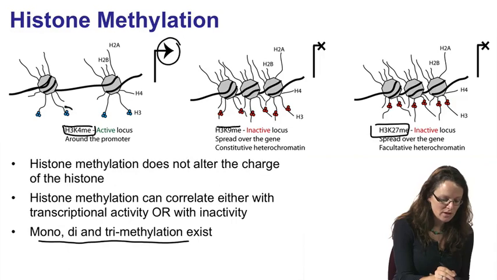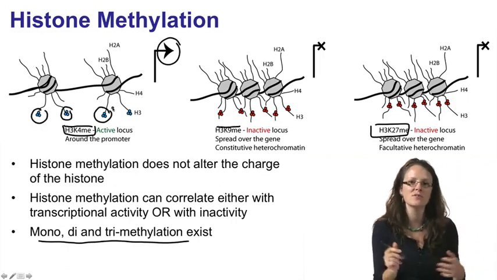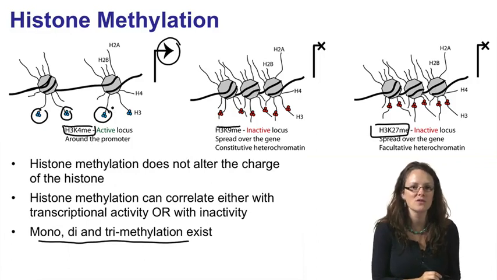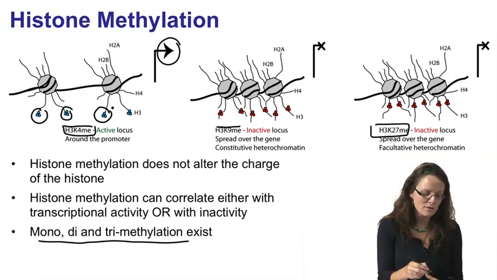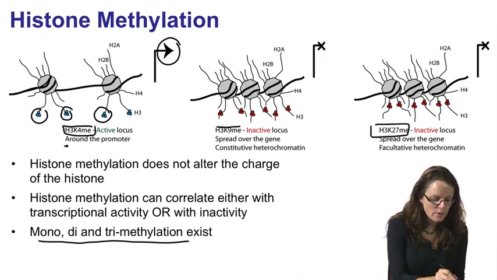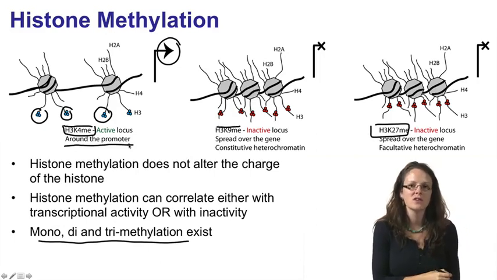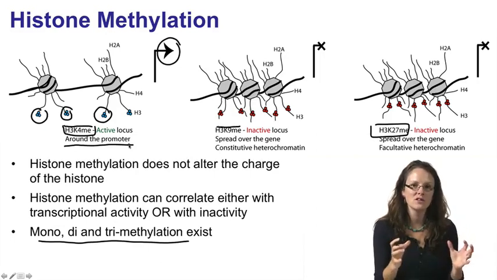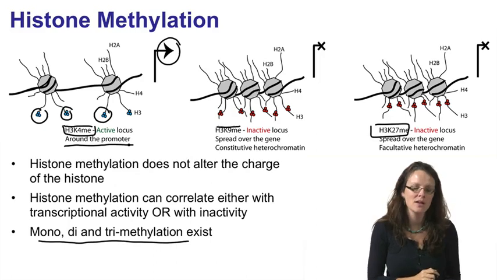H3K4 is found here, these blue residues I'm showing you here, and they are found right out on the tips of those tails of histone H3 because the residues number through from the outside, working the way in. And this active methyl group mark is found around the promoter of active genes. So just in that region that's immediately neighbouring the transcriptional start site.